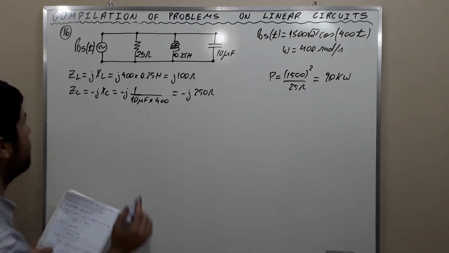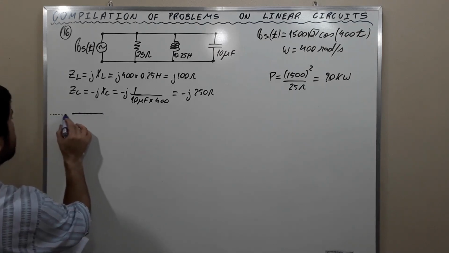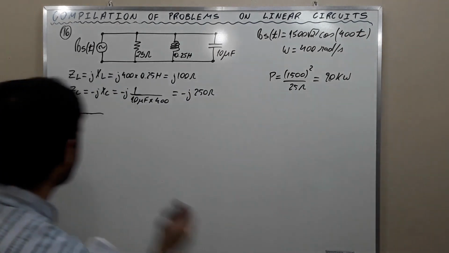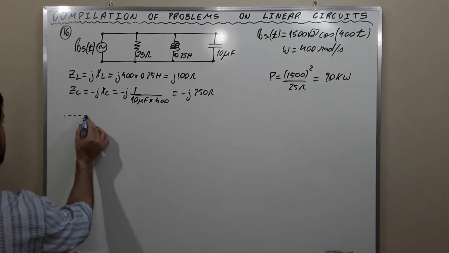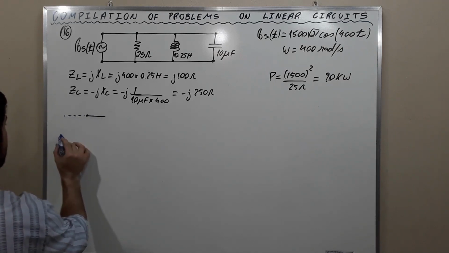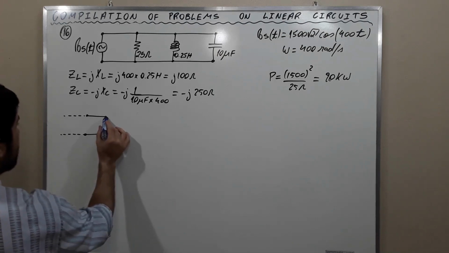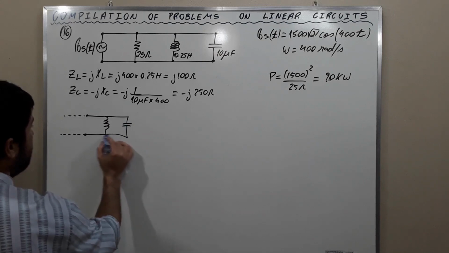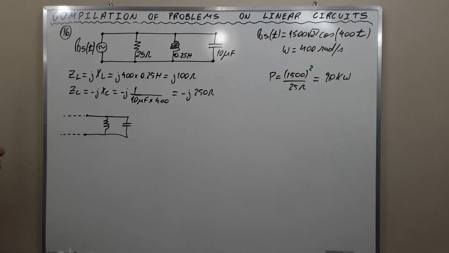We're going to have here the circuit, the inductor and the capacitor in parallel, and to combine impedances in parallel, we use the rule of thumb, the product over the sum.